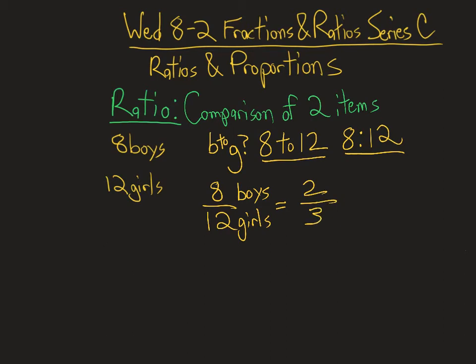Is that true? If there are 8 boys and 12 girls, is it also true that for every 2 boys, there are 3 girls? And yes, that is the case.